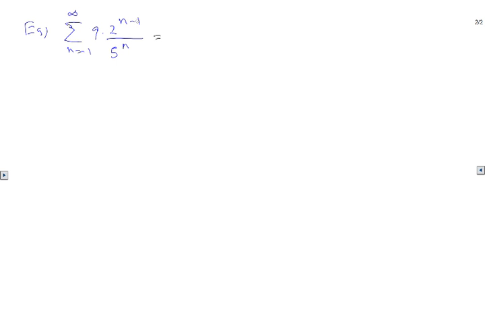What we need is a common index. You can see that there's a 2 to the negative 1, which is 1/2. So we can write this as sigma, n going from 1 to infinity, of 9/2 times (2/5)^n, with the common index n. The goal is to write it with a common index.